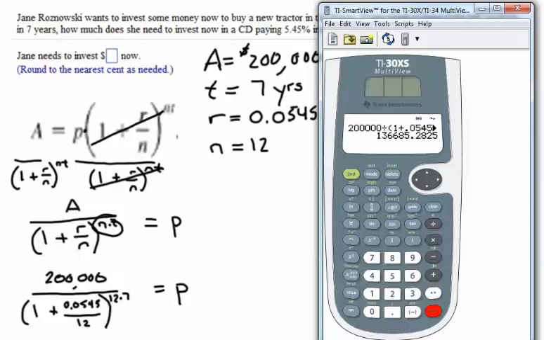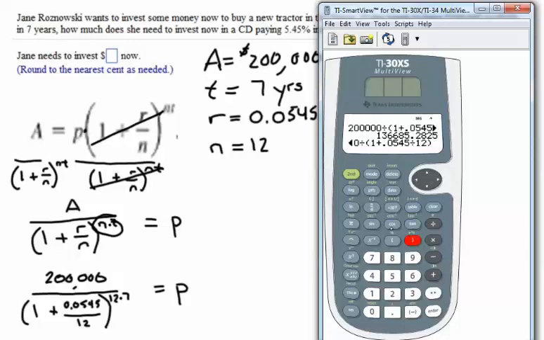Now you do have to be careful because not all calculators are created equal. If you perform the calculation that way on some other calculator models, you may get an incorrect answer. So you may want to type it in as 200,000 divided by 1 plus 0.0545 divided by 12.